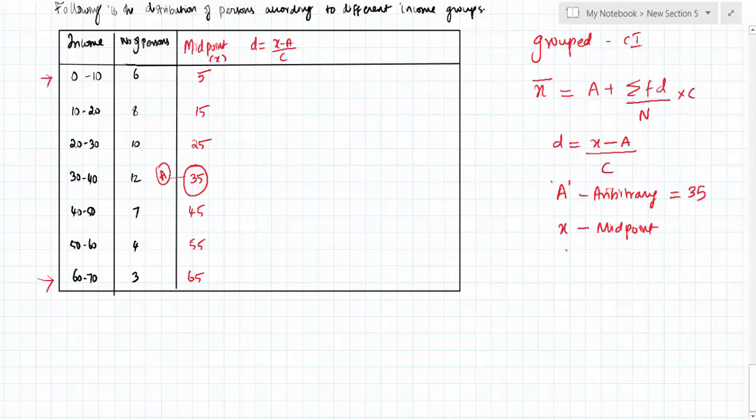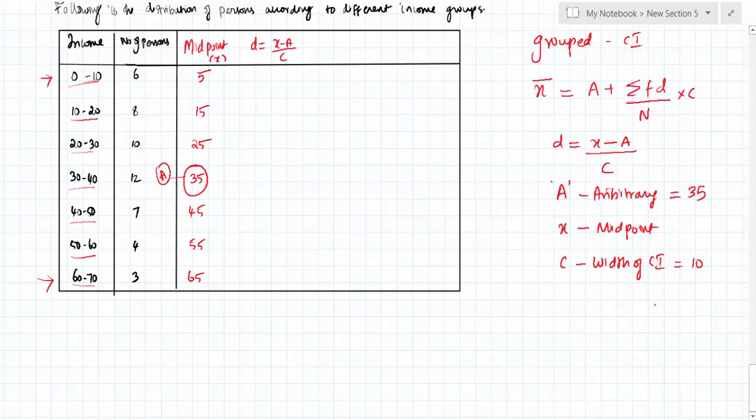X is a midpoint as we have defined. C is nothing but the width of the class interval. In every case, you have the width as 10, right? The gap is basically 10. So the width of the class interval is equal to 10.